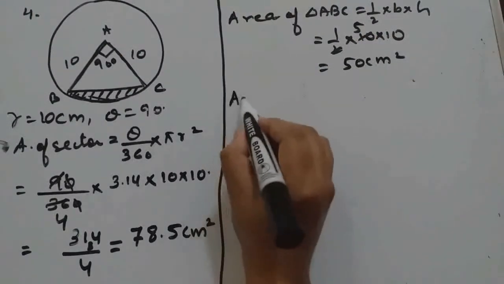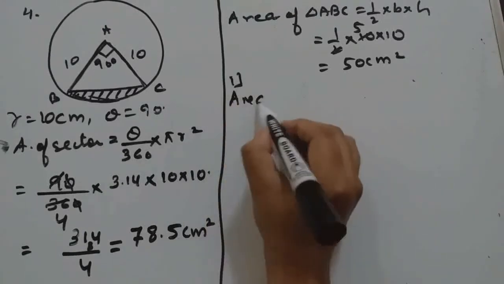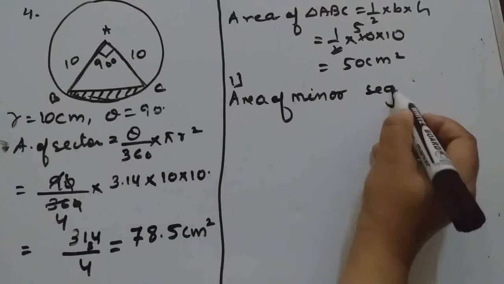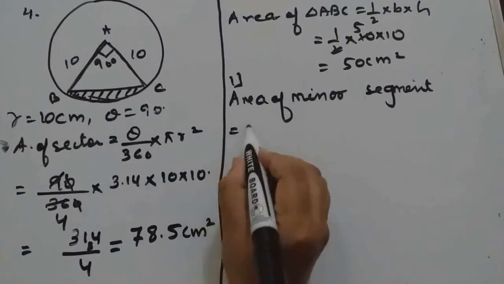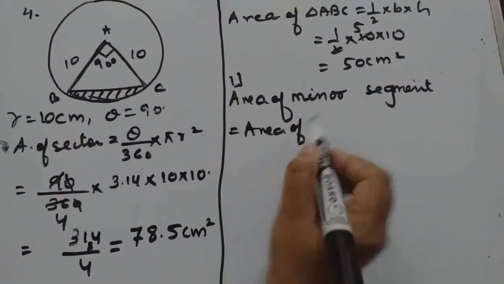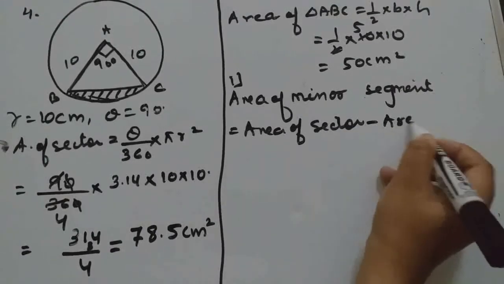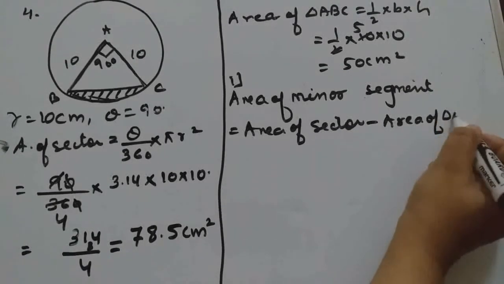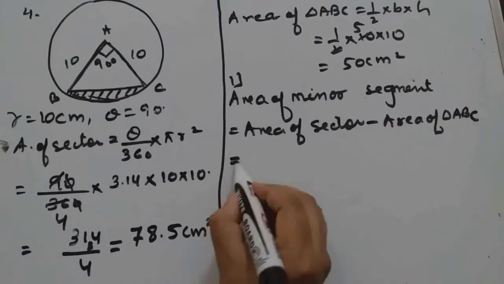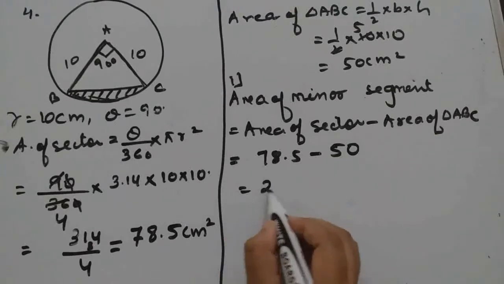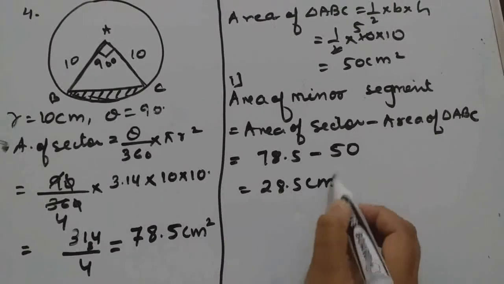Now to find area, first part of the question, area of minor segment, that is area of sector minus area of triangle ABC. So 78.5 minus 50 will be 28.5 centimeter square.